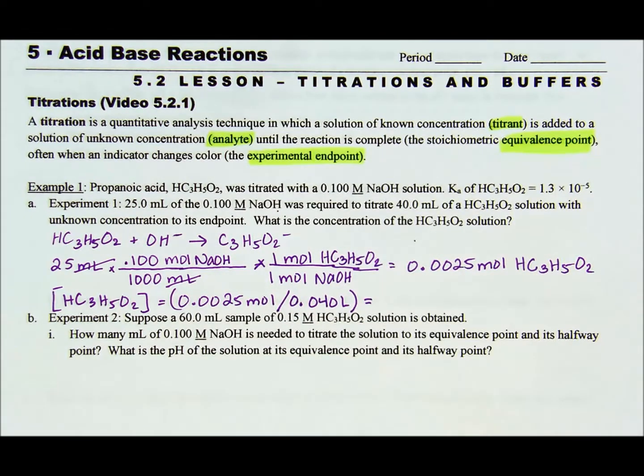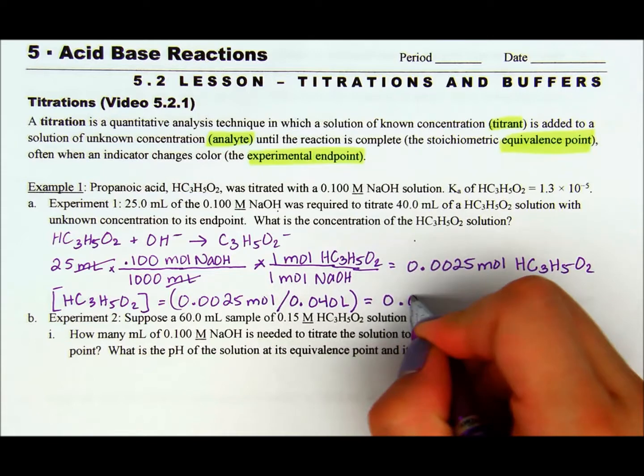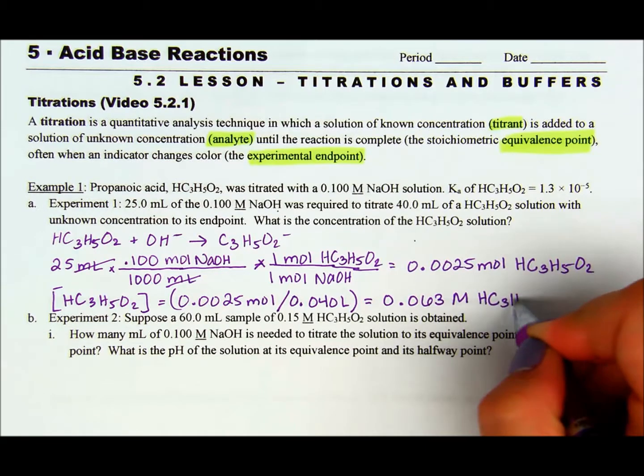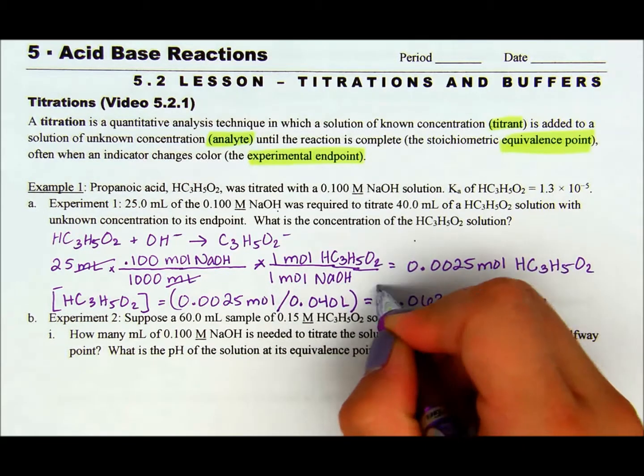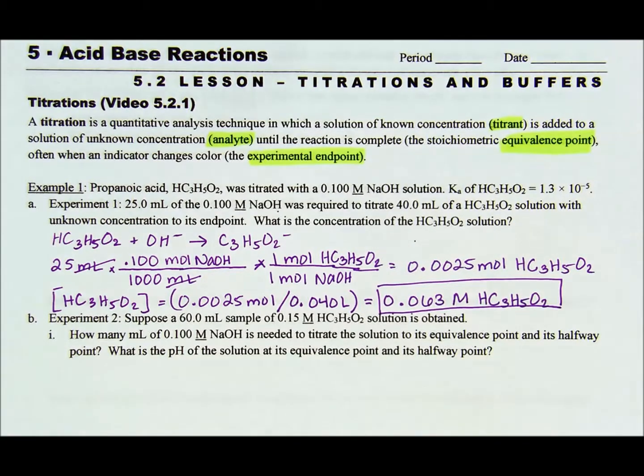Take a second and plug that into your calculator. And you should get 0.063 molar of propanoic acid as your final answer for example 1, part A.